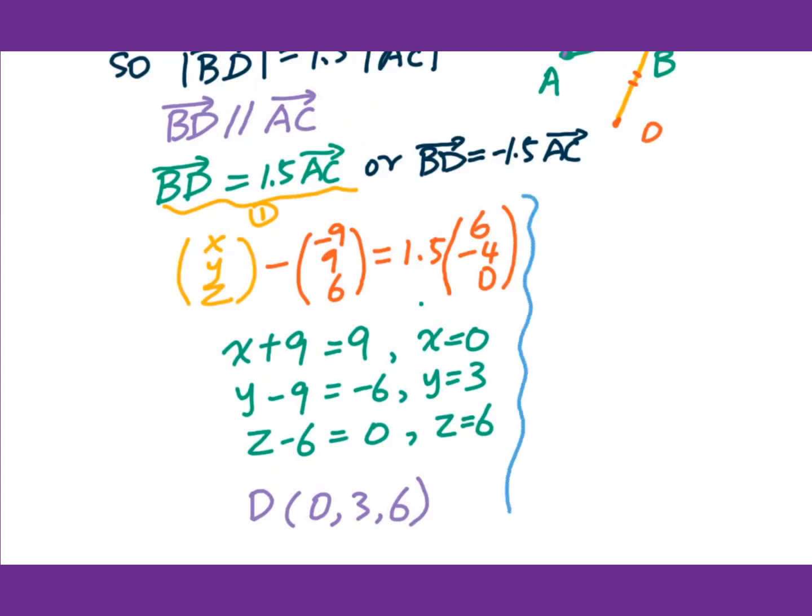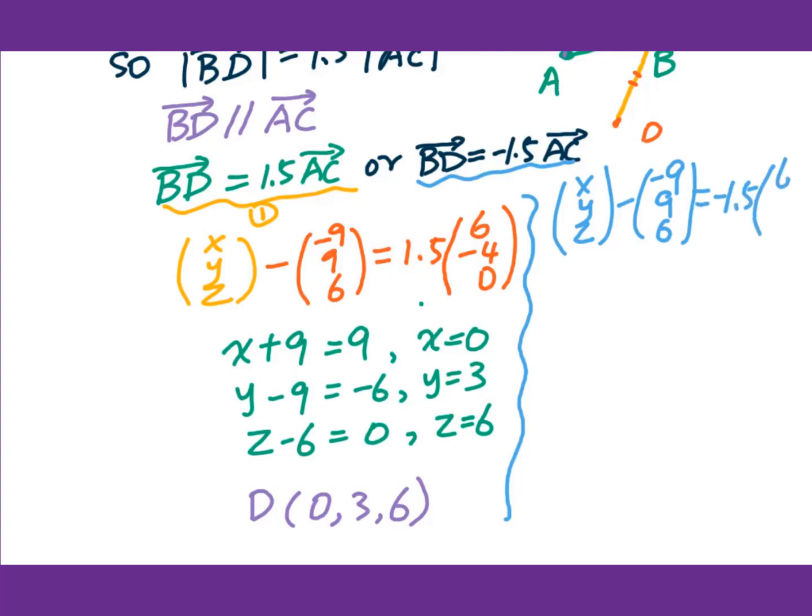Now let's go to this part. We still have (x, y, z) minus (negative 9, 9, 6) equals negative 1.5 times (6, negative 4, 0). Therefore, x plus 9 equals negative 9.